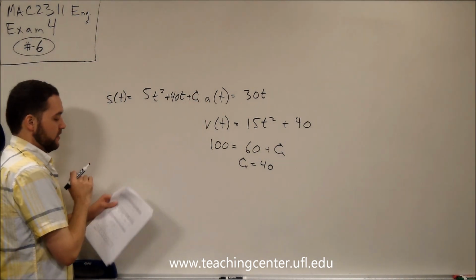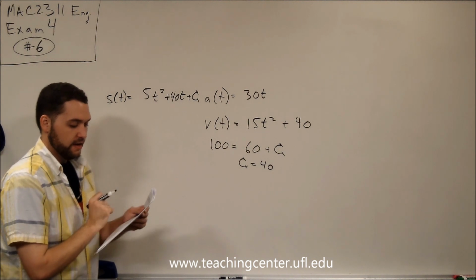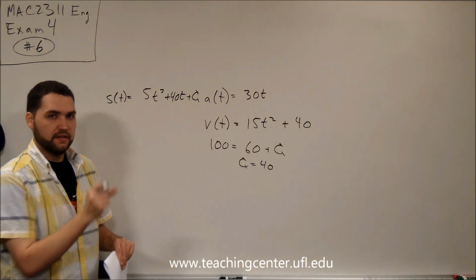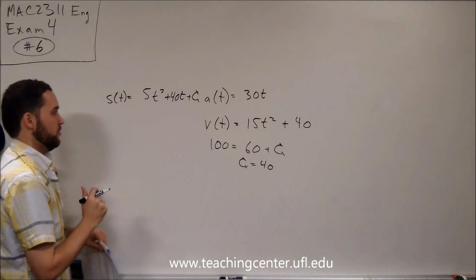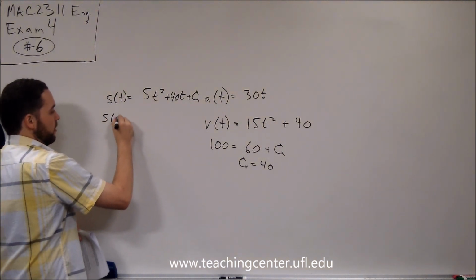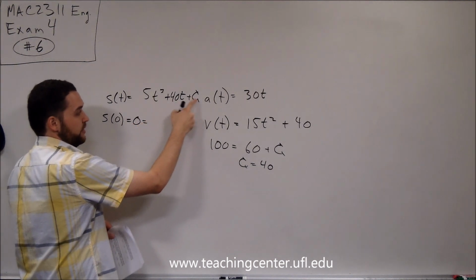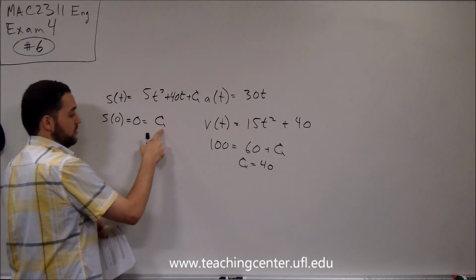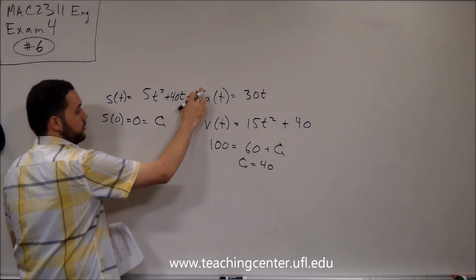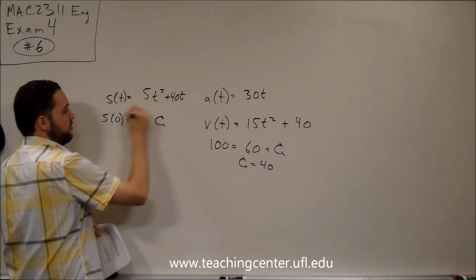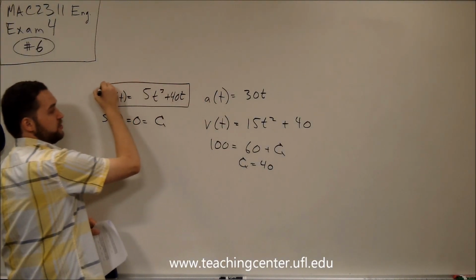So what do we plug in this time? Well, that's where you use that underlined bit. It says the initial height was 0, so at t equals 0, you can set the position function equal to 0. So s of 0 is equal to 0. If you plug 0 in, this goes away, and you just get c. So c has to be equal to 0.